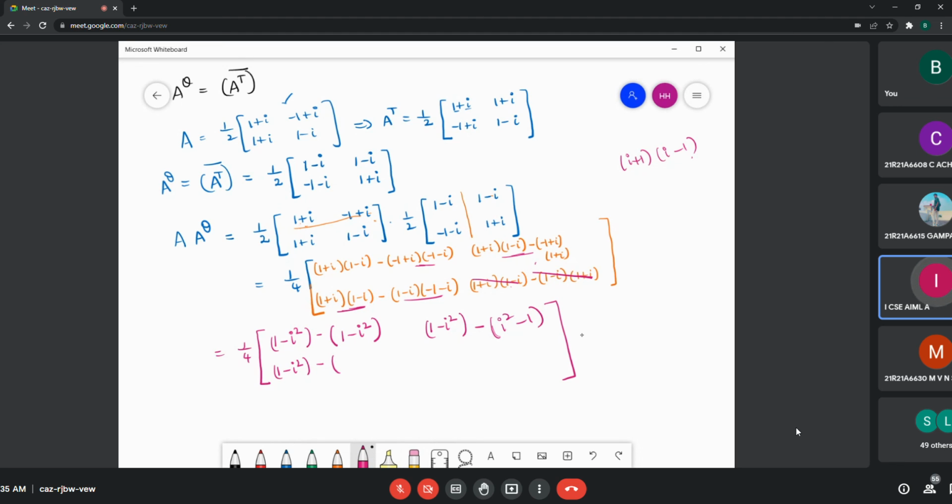And the next one? Next product is here 1 minus i into 1 square plus minus 1, ma'am. So this is minus 1 minus i plus i square.